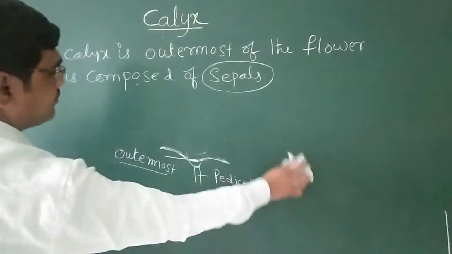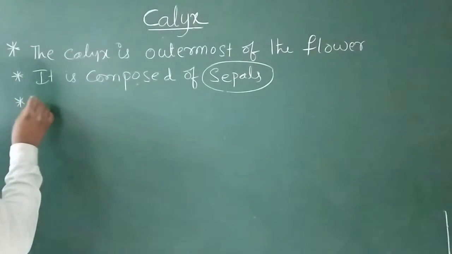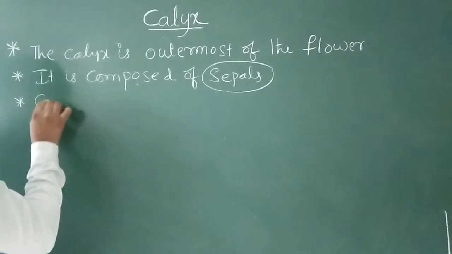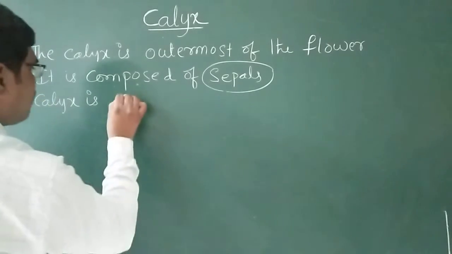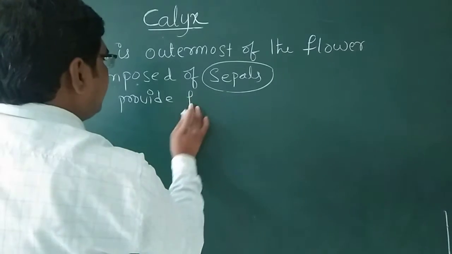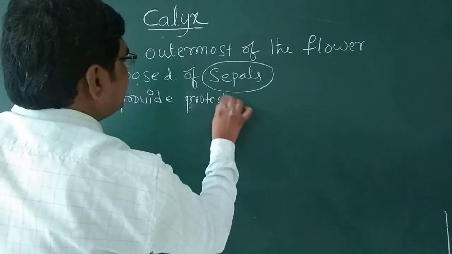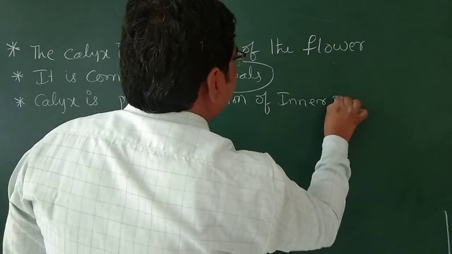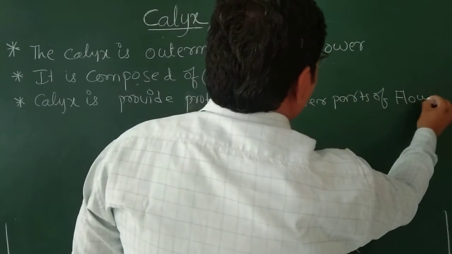So next, what are the functions of the sepals? The calyx provides the function of protection of the inner parts of the flower.